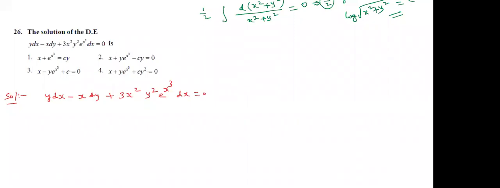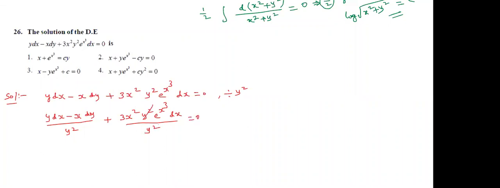Now here divide on both sides with y square. What happens, students? y dx minus x dy divided by y square plus, here the numerator already has y square, 3x square y square e power x cube dx divided by y square, is equal to 0.